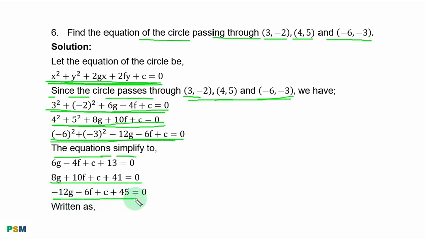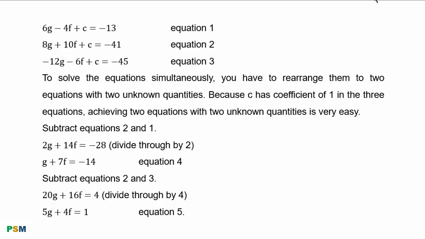Now we have a system of linear equations. We have to solve them simultaneously. To do that, we have to write the three equations in the form below. You simply transfer the respective constant terms in the three equations to the right hand side. You have it in this form.